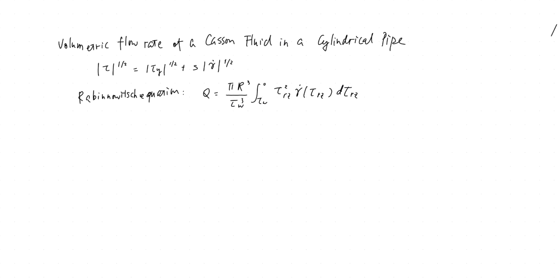We are going to use this equation to figure out the volumetric flow rate of a Casson fluid.